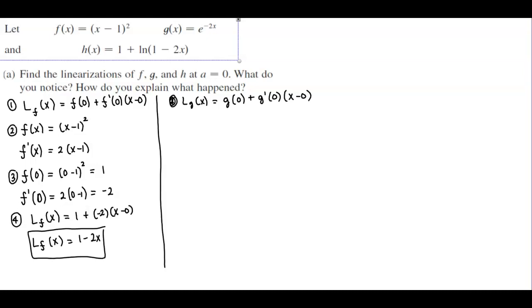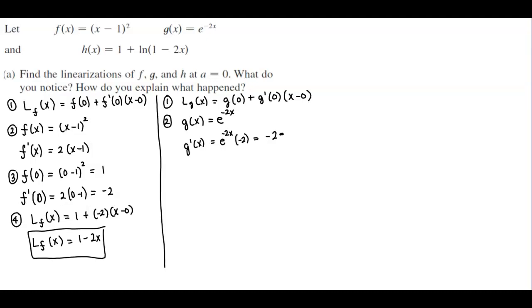So that's step number 1. We know that g of x is equal to e to the negative 2x. And g prime of x is going to equal e to the negative 2x times the derivative of negative 2x, which is negative 2. So therefore, this is negative 2e to the negative 2x.